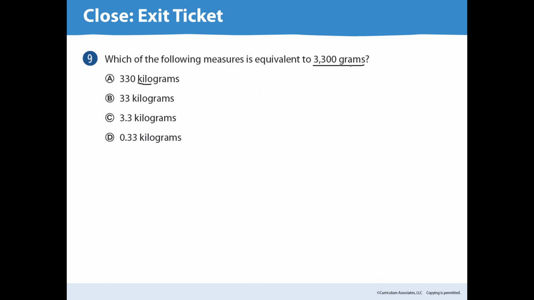So to convert from the smaller unit grams to the larger unit kilograms, we're going to divide this by 1,000. So I have 3300, and I'm going to move my decimal point 3 places to the left because we're dividing and making this number smaller. So there I have 3.3, which is letter C.